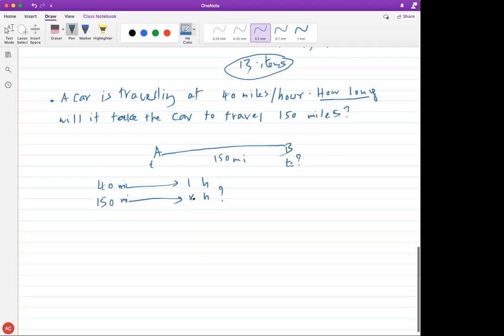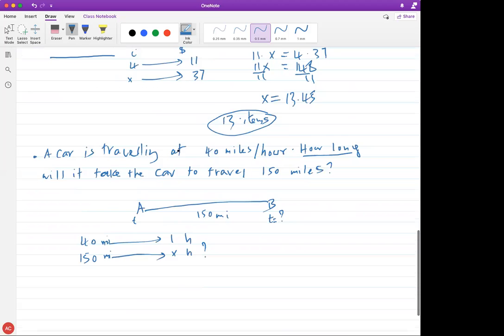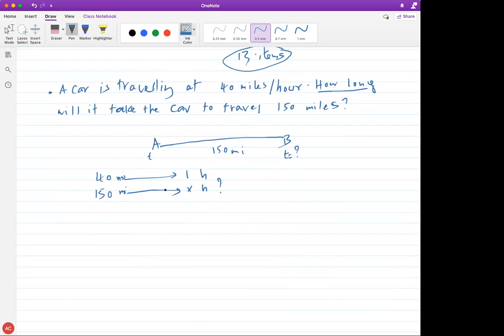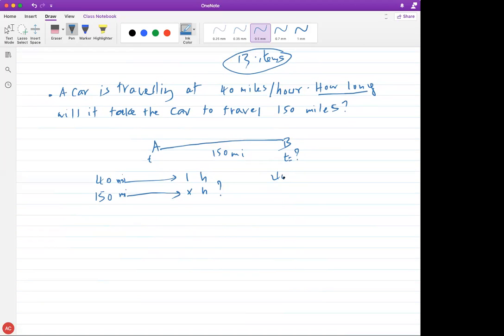Now we just need to figure out the x simply by cross multiplying, as we've done here multiple times. Always start with your x. Start with the x multiplication: 40 times x.